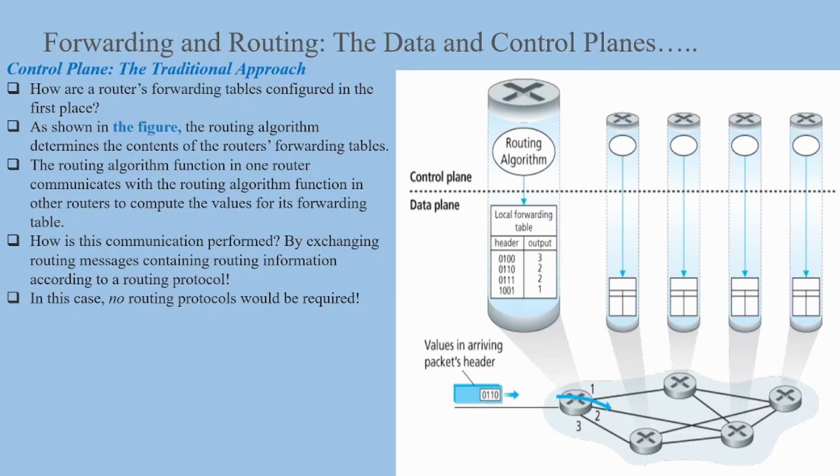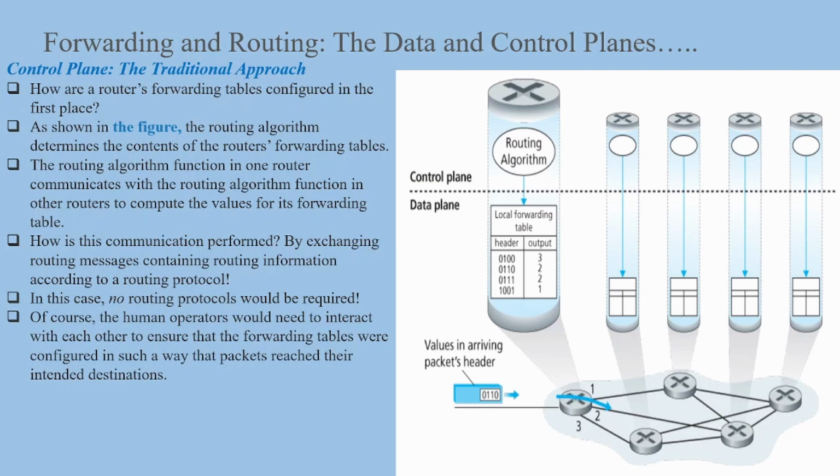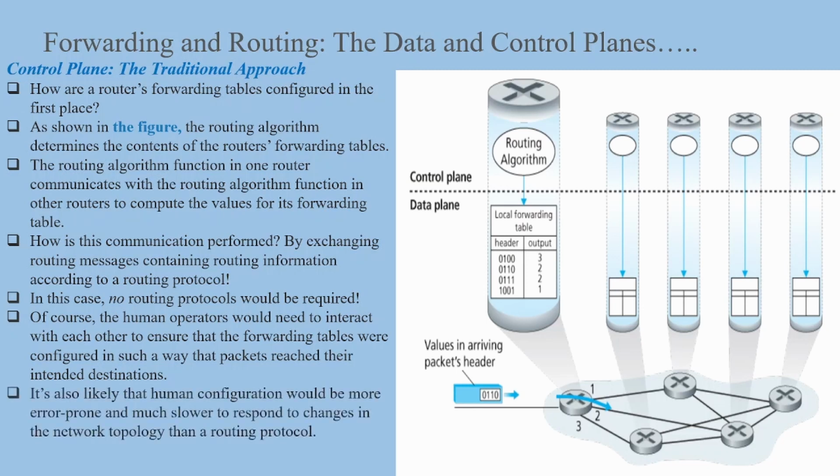In this case, no routing protocols would be required because the forwarding tables are configured by human network operators. Of course, the human operators would need to interact with each other to ensure that the forwarding tables were configured in such a way that packets reached their intended destinations. It's also likely that human configuration would be more error-prone and much slower to respond to changes in the network topology than a routing protocol.